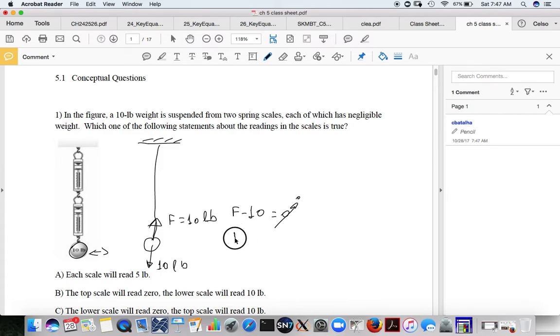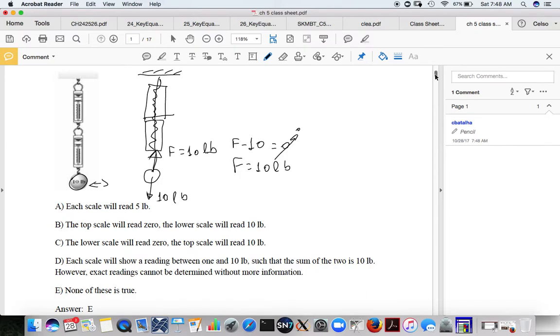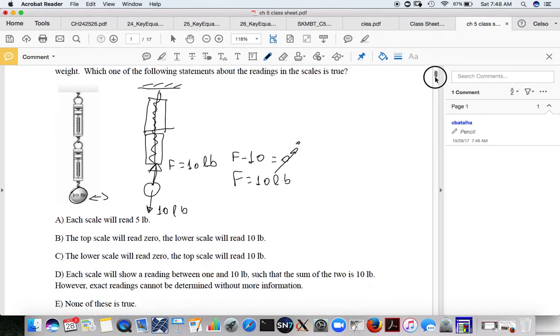So F is equal to 10, so we have a 10 pounds force along the string, which means if you take the upper part of the string and replace it by a scale, and the lower part by another scale, each one will read 10 pounds. So does each scale read 5 pounds? No. The top scale, no. The lower scale, no. So E.